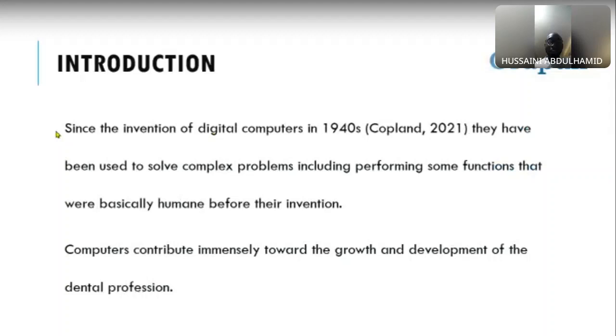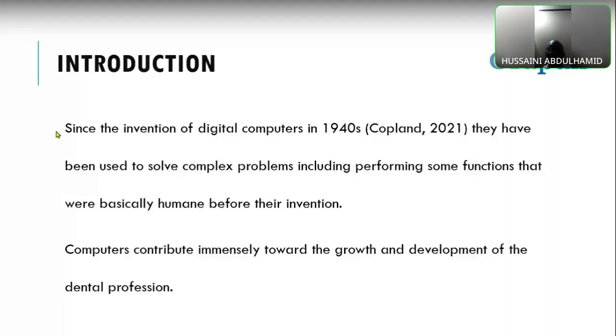The introduction. Since the invention of digital computers in the 1940s, they have been used to solve complex problems, including performing some functions that were basically performed by human beings, that is, before the invention of computers.